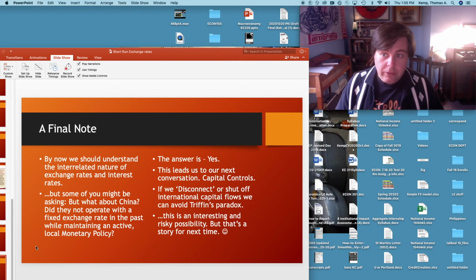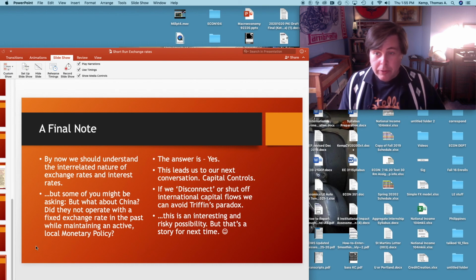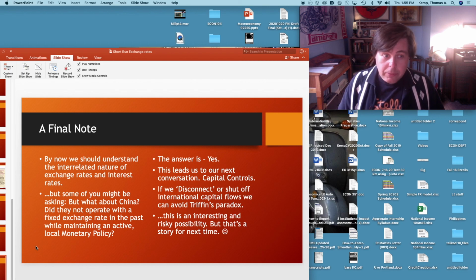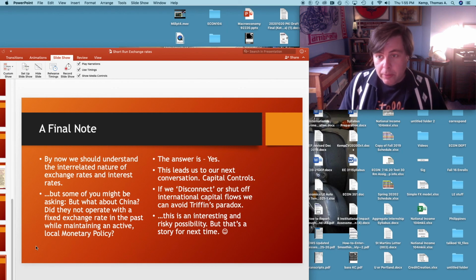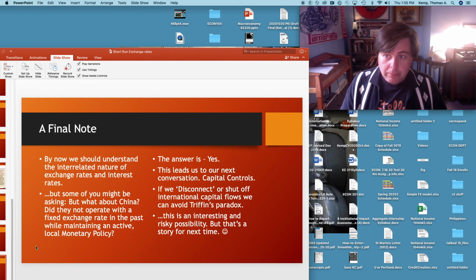Now in the United States, this isn't really something that we discuss very much, or that frankly is very important for the United States. But for smaller nations, it's not uncommon for them to find themselves in a position where they want to isolate themselves from global capital markets, and so they utilize these alternative measures that we'll be talking about more then.